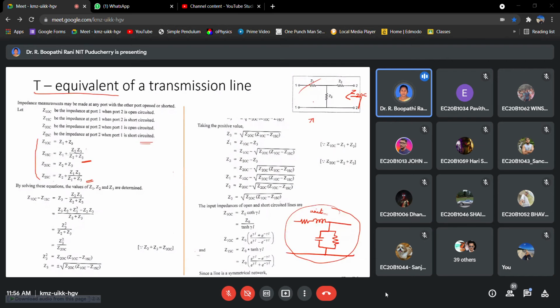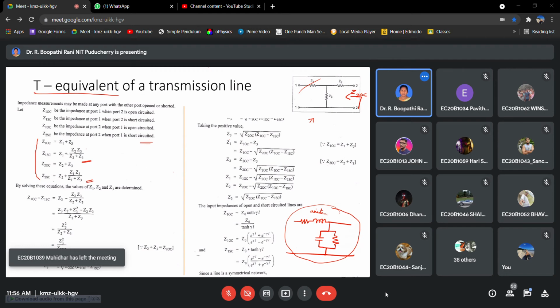You can follow any method. Finally, we want to write Z1, Z2, Z3 in terms of open circuited and short circuited impedances. Whichever method is convenient for you, you do it.